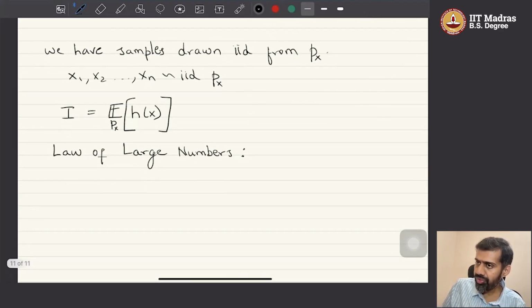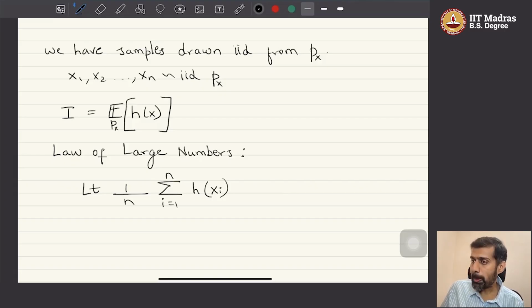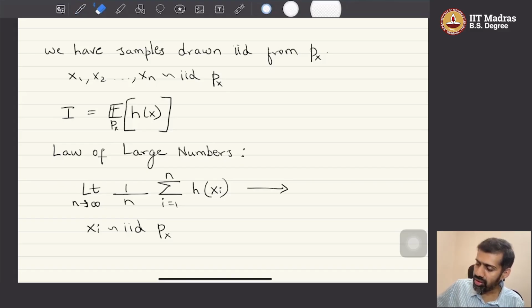It says that if you have x1, x2, up to xn drawn IID from a distribution p(x), then the sample mean, where all of these xi's are drawn IID from the distribution with respect to which we need to compute the integral, as n tends to infinity, converges to the expectation.